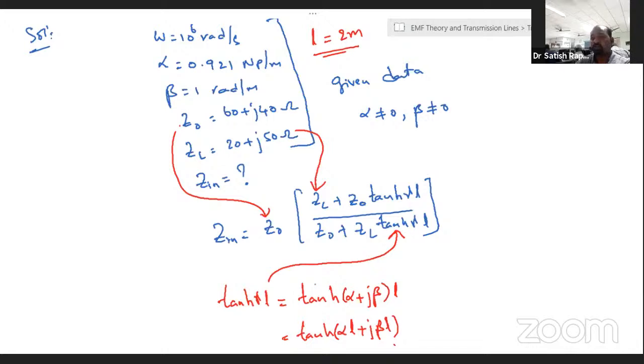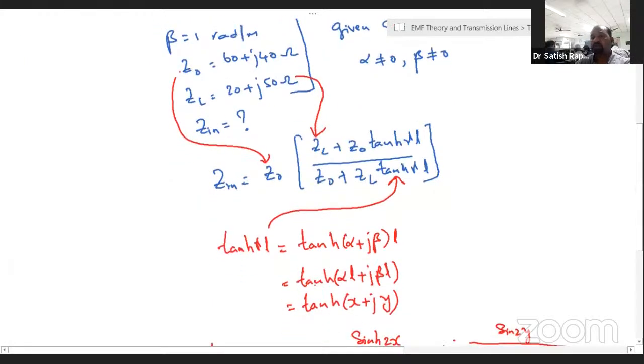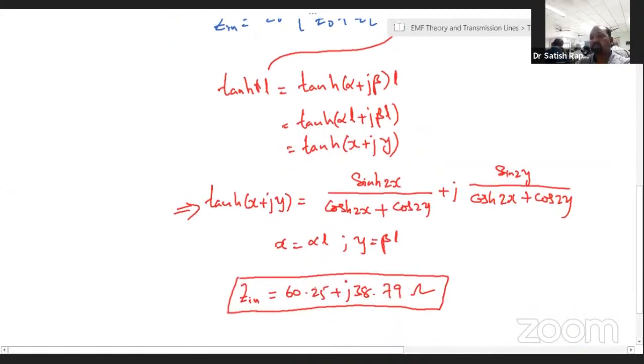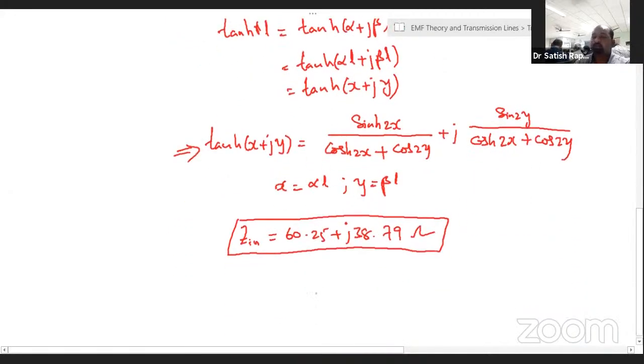Which formula to consider depends on alpha and beta values. And here alpha not equal to 0, beta not equal to 0. So therefore we will consider this expression to determine input impedance, and substituting all the values and simplifying, you will get the answer. That is about the problem.